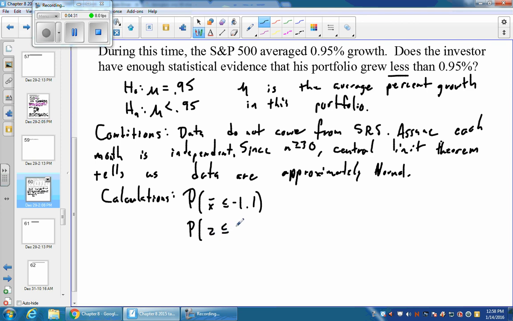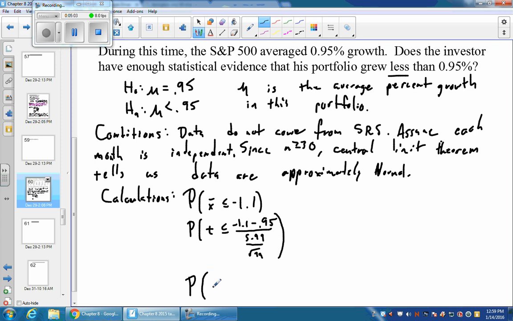Our t will be that value minus our mean of 0.95, all over our standard deviation. We don't know our population standard deviation, so we have to use S. Our S is 5.99. When we use 5.99, we can't use a Z, we'll have to use a T, because we don't know the population standard deviation. And we're going to divide by the square root of 39.